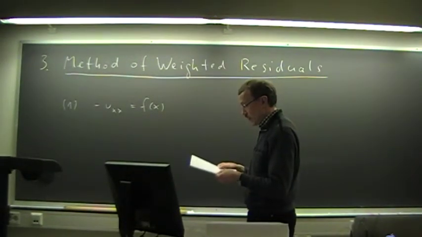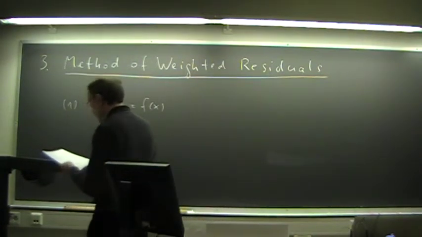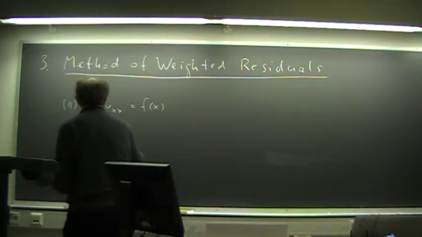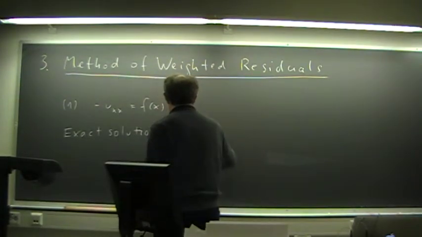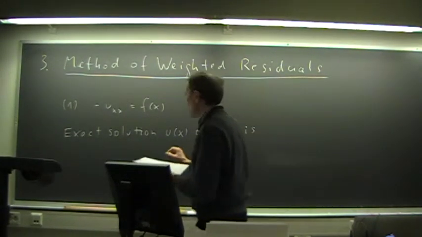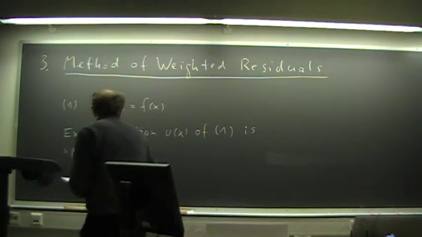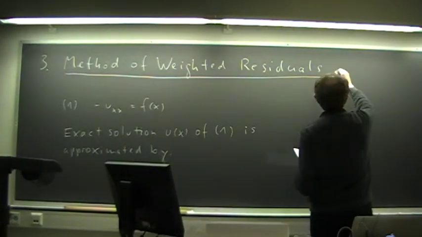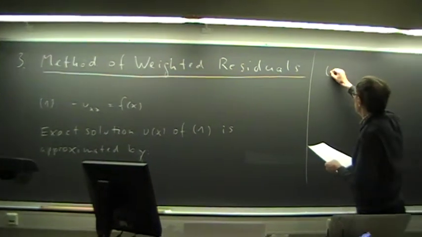What we do here is we approximate the exact solution by a combination of basis functions. So the exact solution, we denote that by u of x, of 1 with the boundary condition, is approximated by, and now we do it the following way, that is according to my numbering now 19.